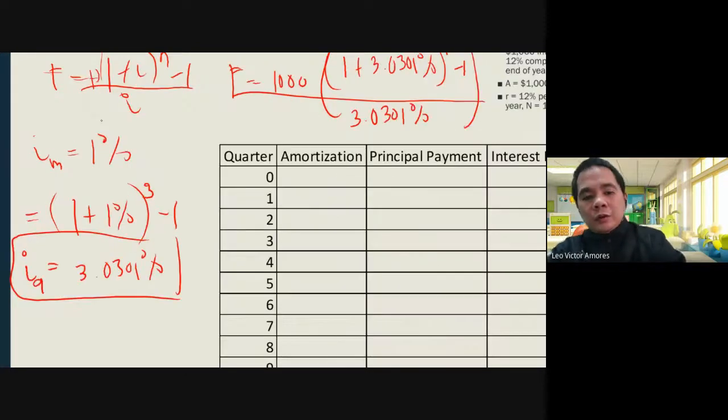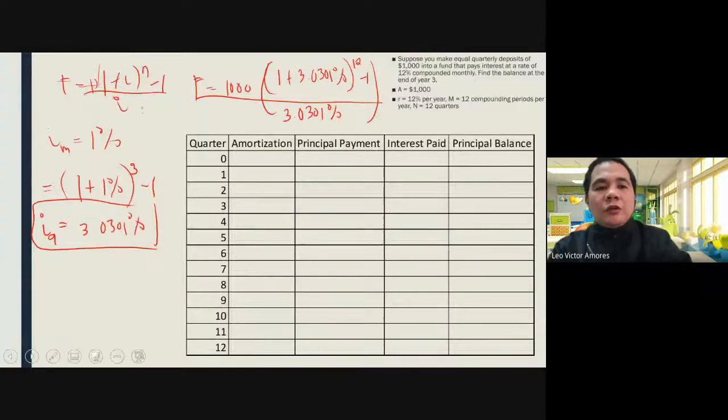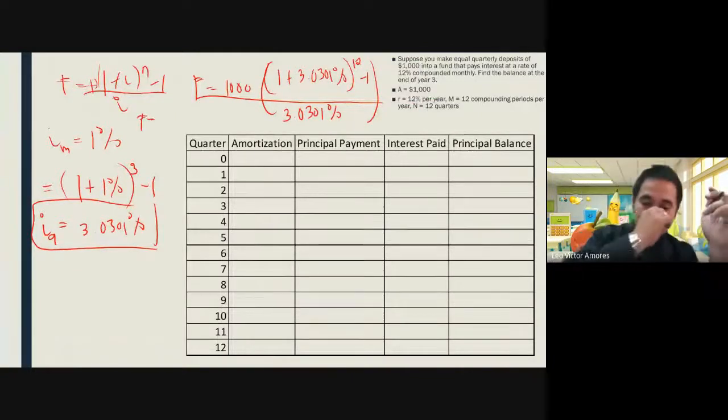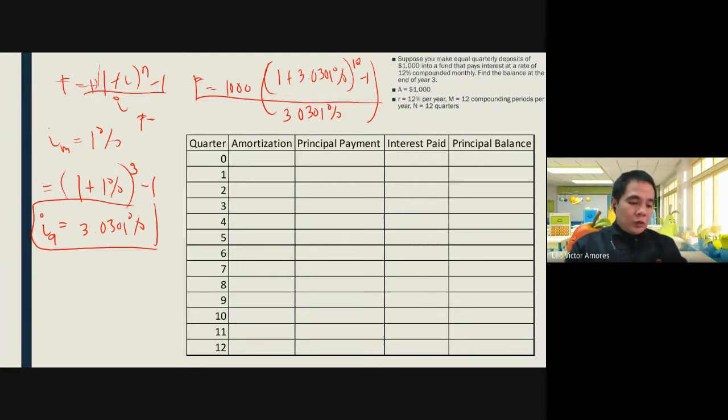So therefore, the future value of your 3 years of equivalent quarterly payments is equal to how much, class? That would be equivalent to 14,216.32.